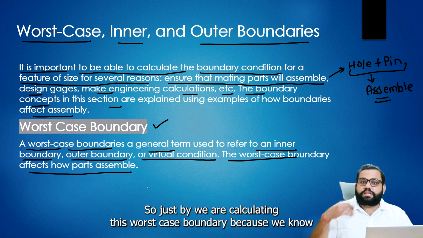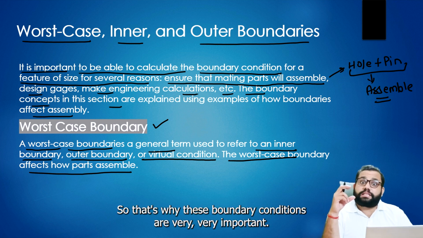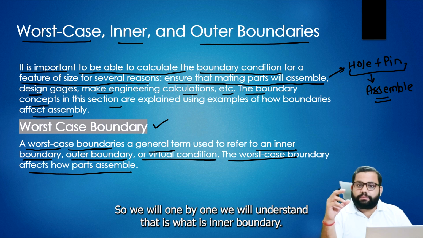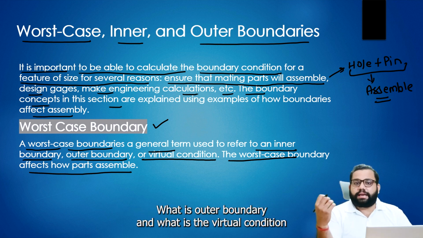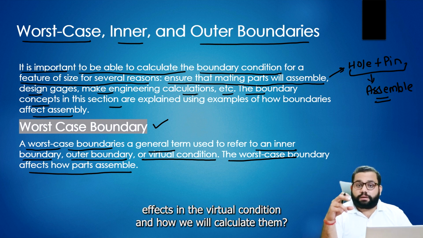We calculate this worst case boundary because we then know the exact dimensions to give on the engineering drawing to manufacture. That's why these boundary conditions are very important. One by one we will understand what the inner boundary is, what the outer boundary is, what the virtual condition is, what the different effects are in the virtual condition, and how we will calculate them.